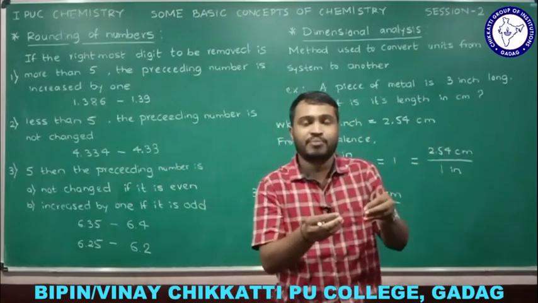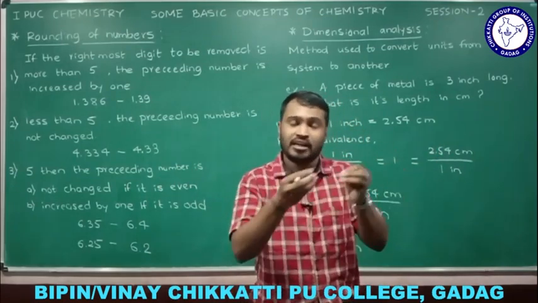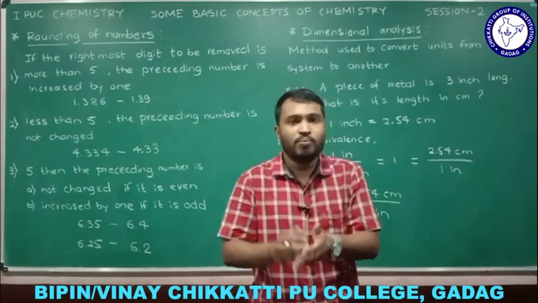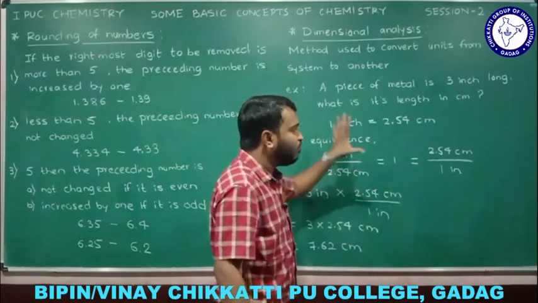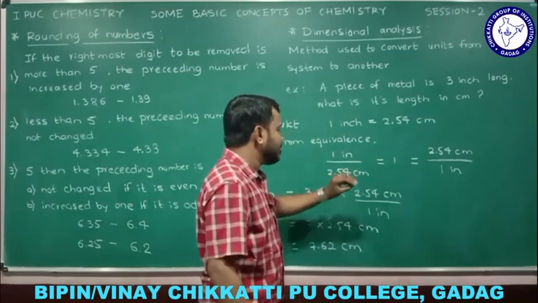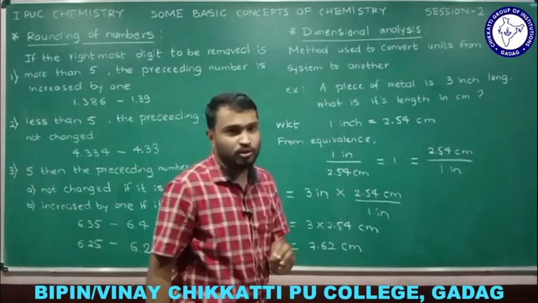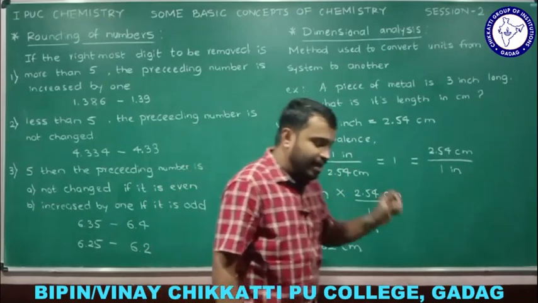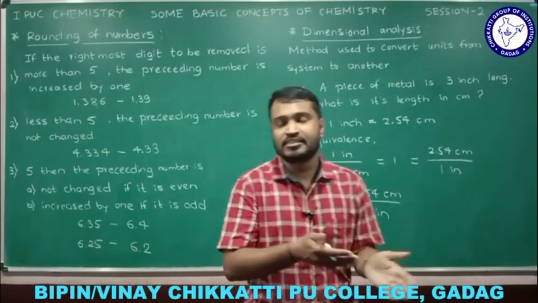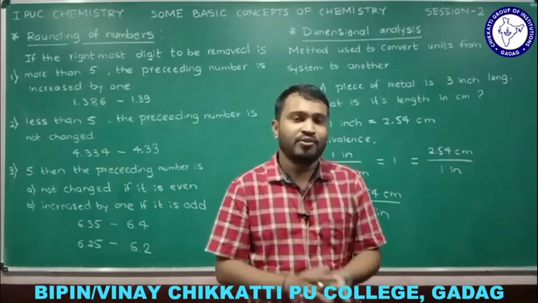Similarly, the relationship between the seconds and minutes, the liters and cm3, you should know about that one, and using that relation one can guess the unit factor, and out of 2 which one you need and you are supposed to consider, and you are going to get the correct answer. And here I converted the unit from one system to another system, and that we call as a dimensional analysis.